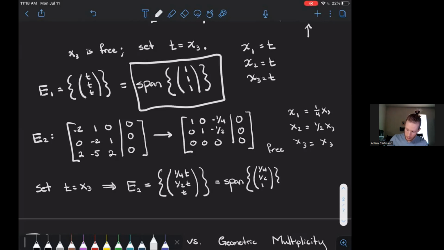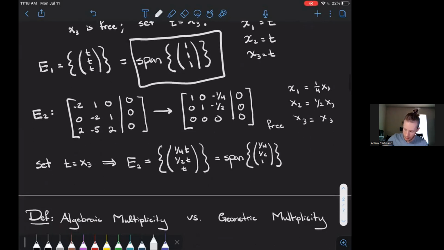By the way, I don't like having fractions in my basis vector. Sometimes you need to have fractions in your basis vector, but if it's just a random basis that we're asking for, we might as well scale these things up. So this is the same as the span of 1, 2, 4.